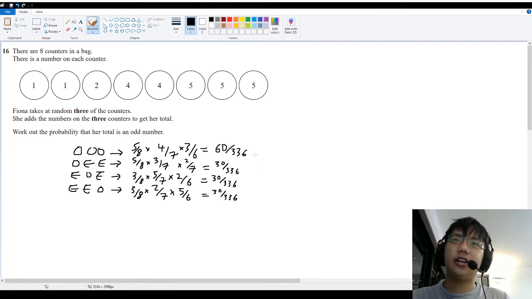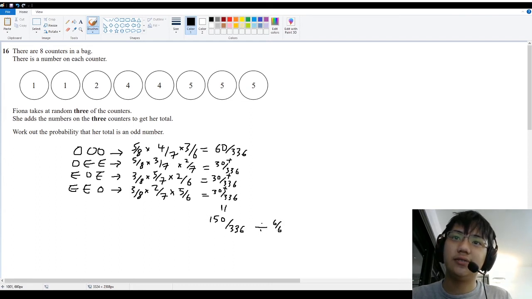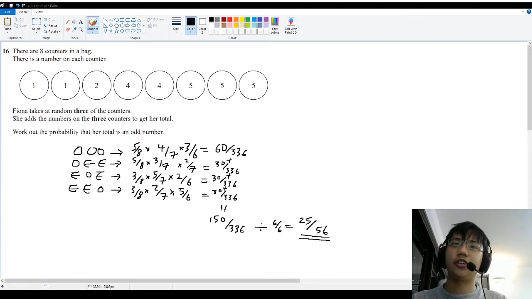So you add these fractions all together, which equals 150 over 336. And if you divide 150 over 336 by 6 over 6, it gives us 25 over 56, which is the simplest form of the fraction.